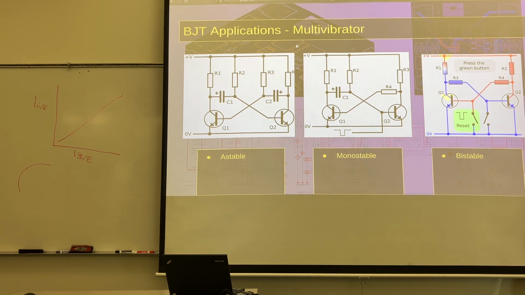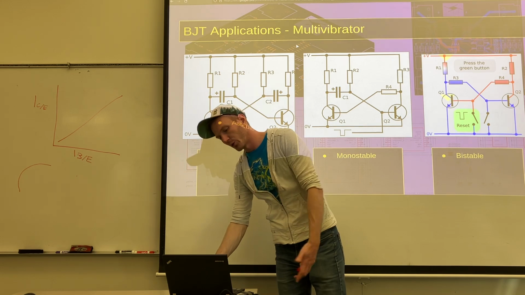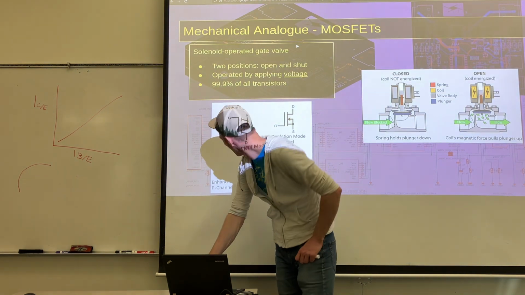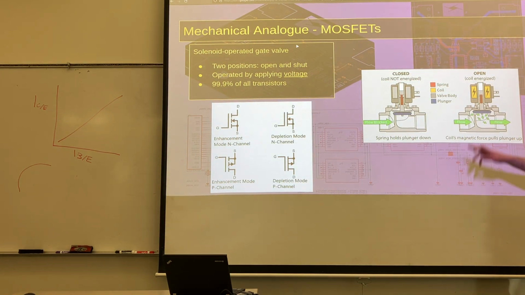They're the mechanical equivalent of a valve that you can operate by applying voltage here. The way I described it on the first slide was a solenoid operated valve. The word solenoid probably does not mean a whole lot to you, but with solenoids you send current through them and they make a giant magnetic field and it'll yank a valve up and down or something like that.